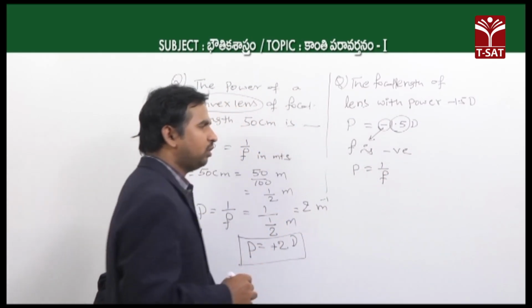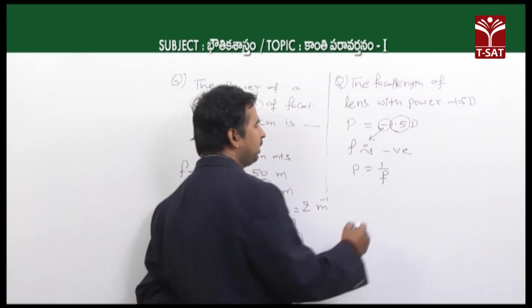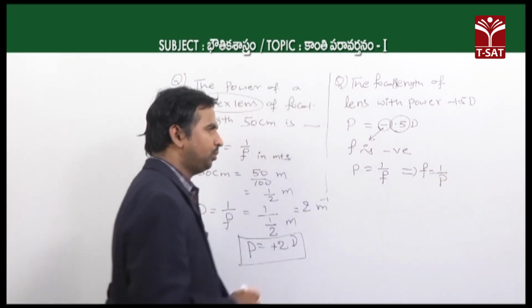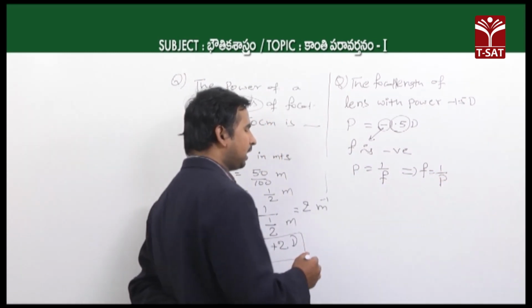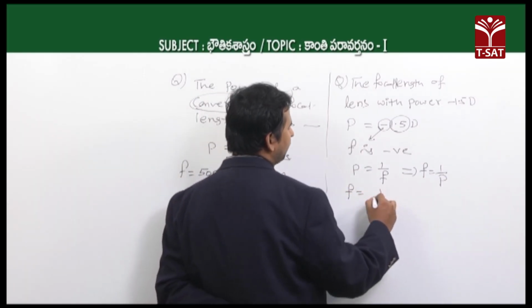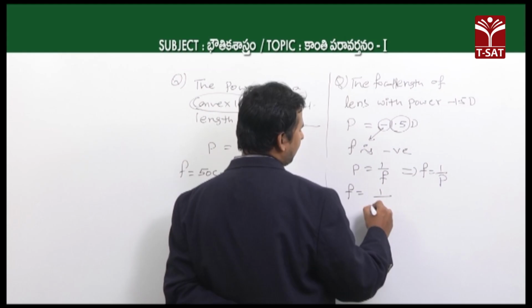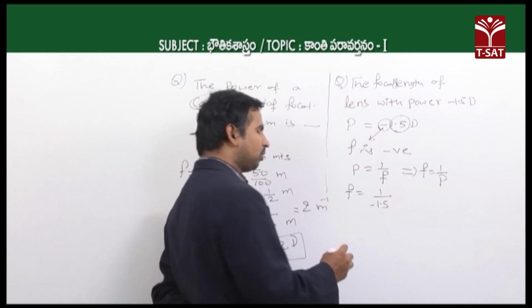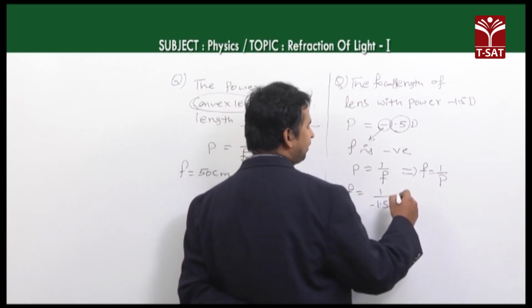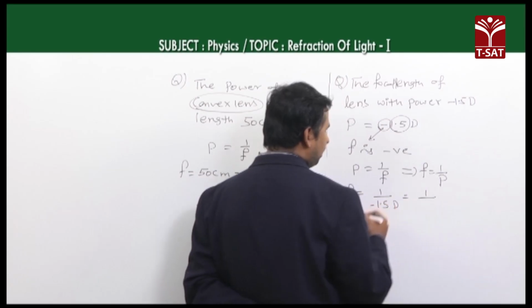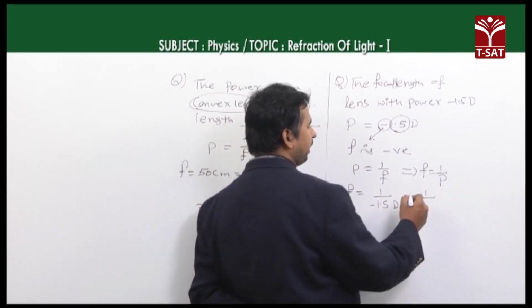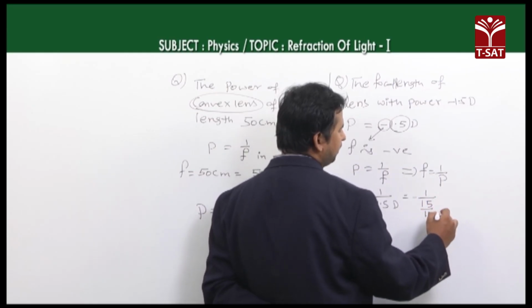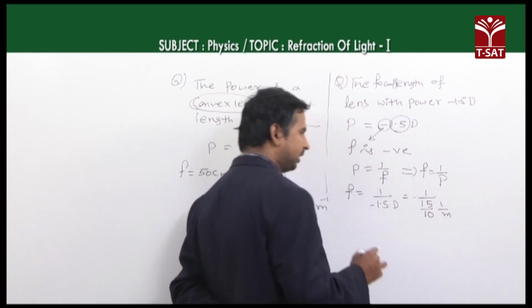Here the power value is given, so we can write f is equal to 1 by P. Then the focal length f is equal to 1 by minus 1.5 diopter, where diopter is equal to meter inverse, the reciprocal of the meter. 1.5 we can write as 15 by 10 per meter.